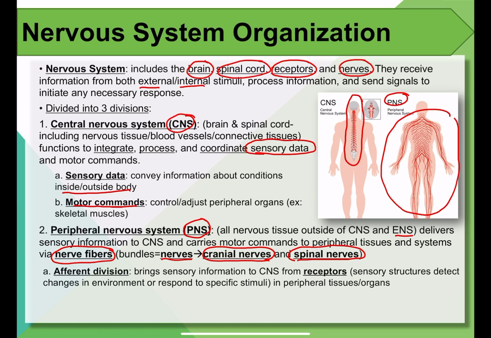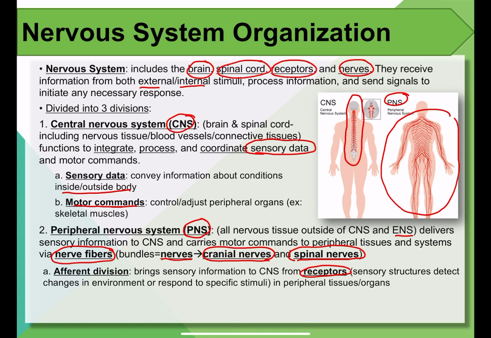Now, there are two divisions of the peripheral nervous system, two subdivisions, let's call it. One is called the afferent division. The afferent division of the peripheral nervous system is what brings in sensory information toward the central nervous system from receptors.